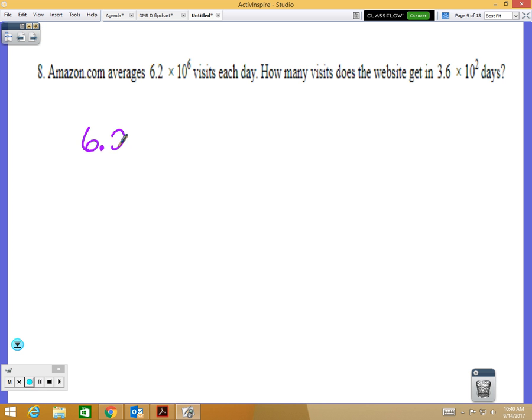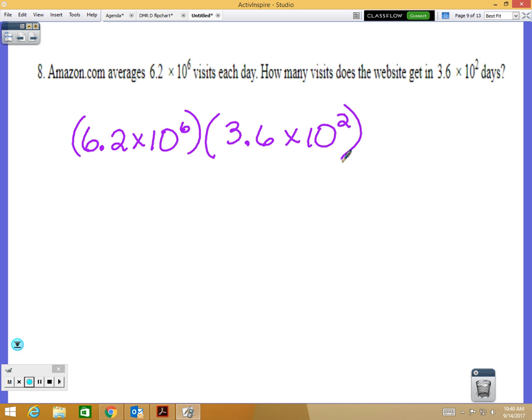So 6.2 times 10 to the 6th power times 3.6 times 10 to the 2nd power. Now when we're multiplying and dividing in scientific notation, we do not need the same exponents, so just leave them the way they are. First thing that I'm going to do is multiply 6.2 times 3.6. So hopefully what we've been doing in math review will help you with this practice here.